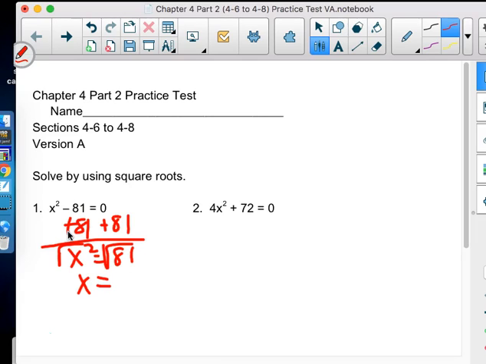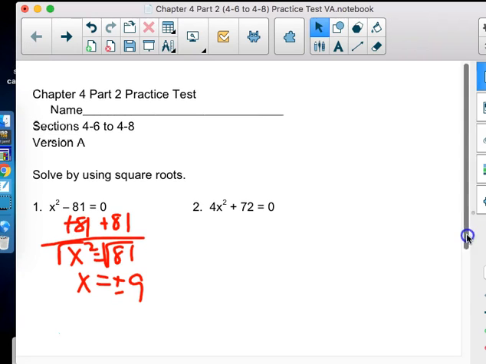Well, what's the square root of 81? Is that going to get you all the points? Why? Plus or minus. Yeah, you have to remember whenever you physically write a square root symbol down, you have to do the plus or minus piece.